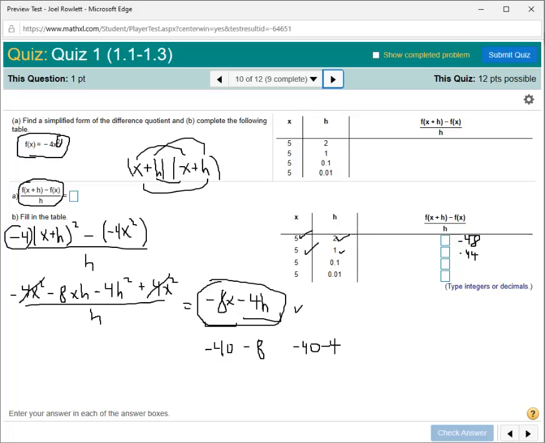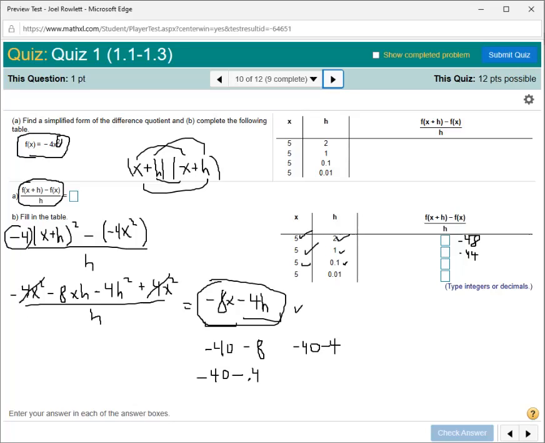And let's look at the next problem. This time x is 5, but h is 1/10. Okay. So if x is 5, that's going to be negative 40 minus 4 times 1/10. Well, 4 times 1/10 is 4/10. That's going to be 0.4.